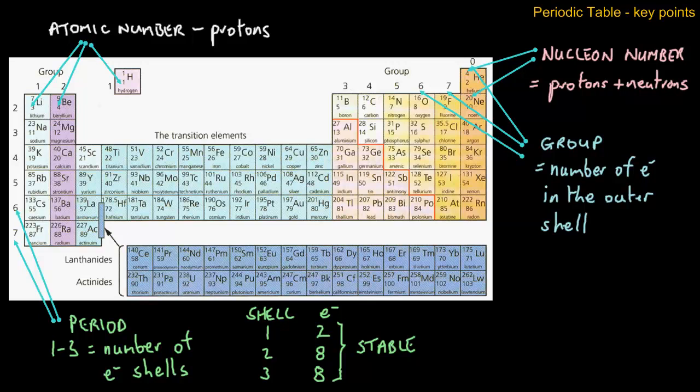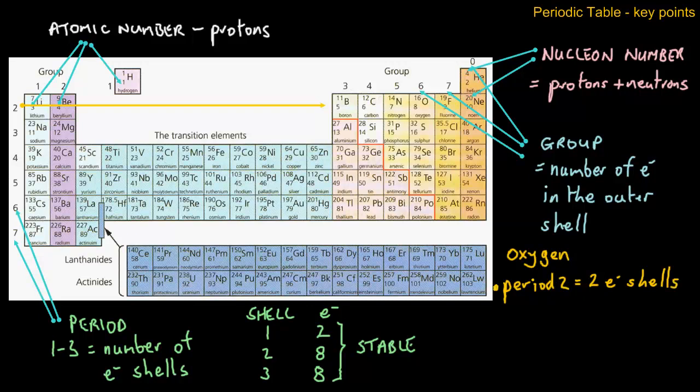If we take a look at an example, let's take oxygen as an example, and we can see that oxygen is in period 2, which means there are 2 electron shells.